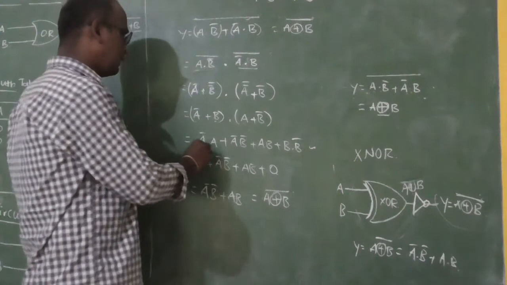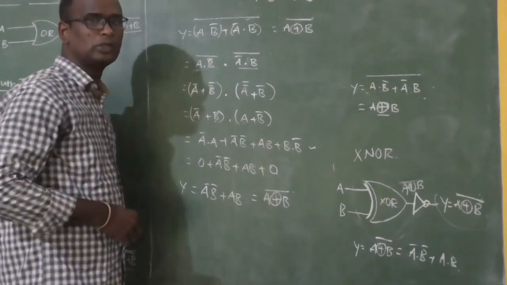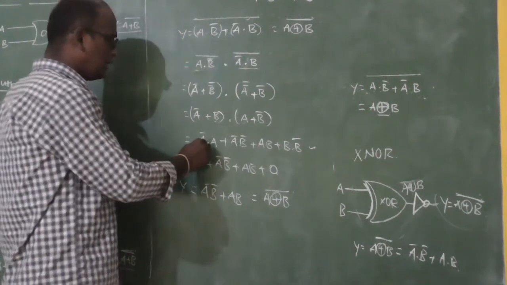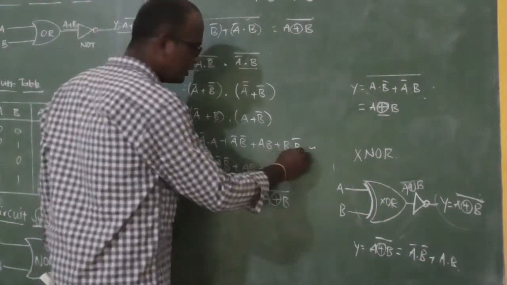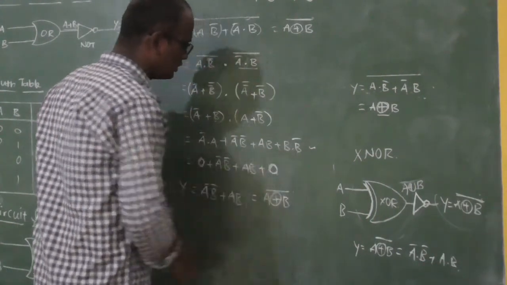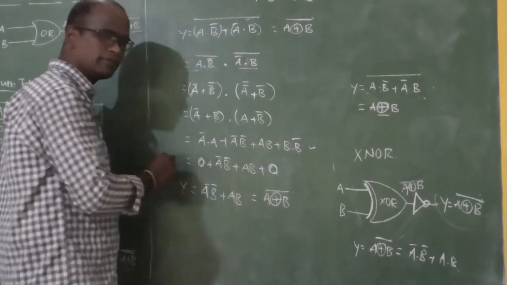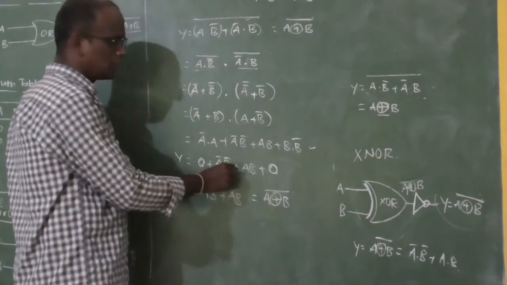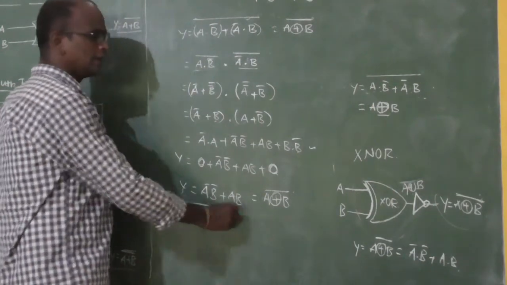Since a dot a bar is 0 according to the negation property, and similarly b dot b bar is also 0, finally we get the result of the XNOR gate as y is equal to a bar b bar plus ab. That is the final result of the XNOR gate.